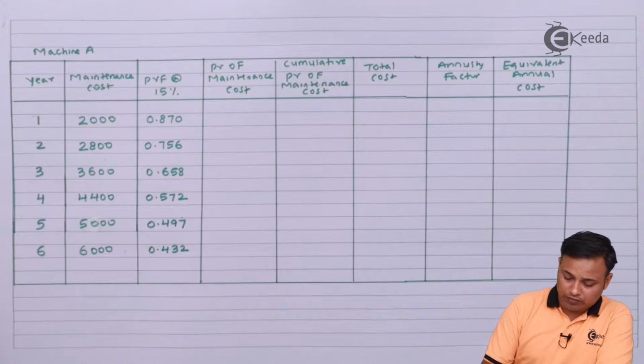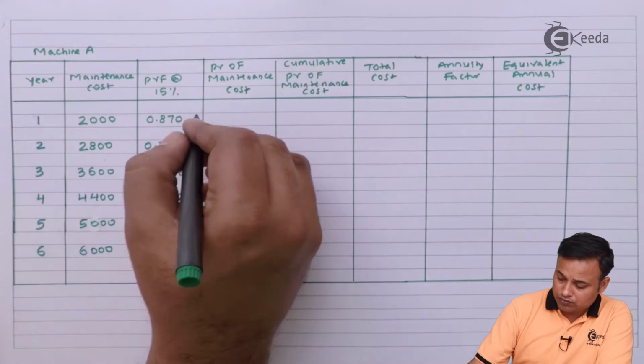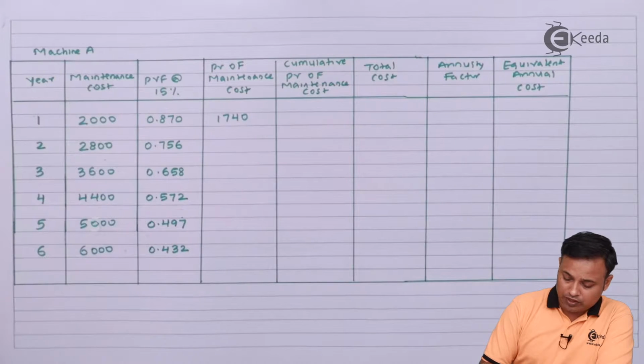So 2,000 multiplied by 0.870, 2800 multiplied by 0.756.